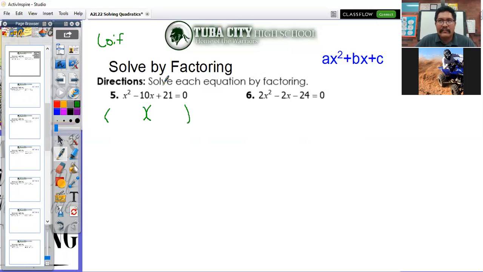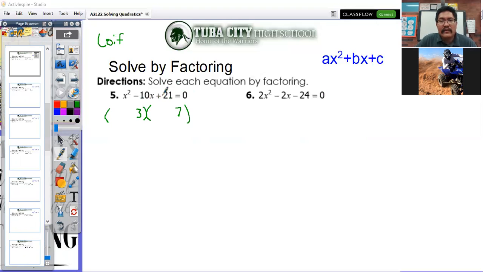So think of 2 numbers that multiply to 21, which is probably going to be the first to come to most people's minds. Now, remember, when you are working with this, you got to take the sign into consideration. That sign is part of that number.